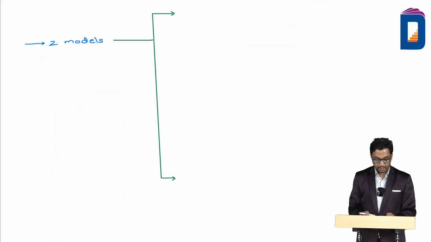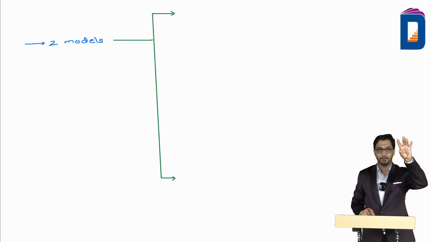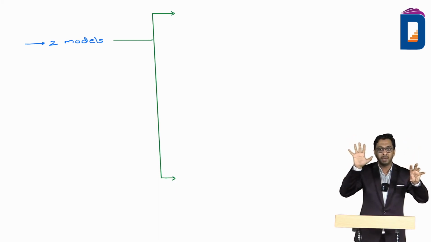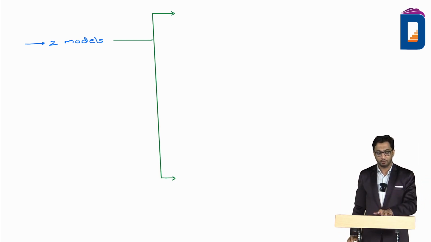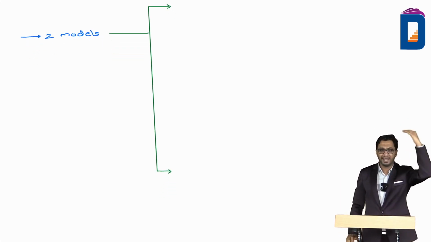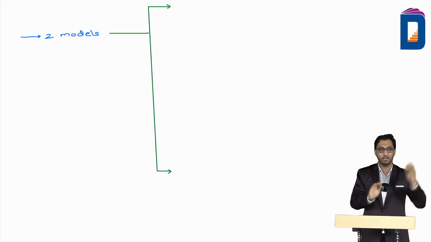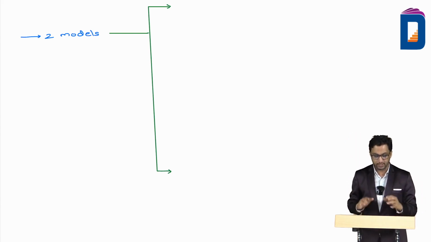And you can see two models in this multifactorial causation. What is one-to-one? One agent, one disease, or one agent, multiple diseases. Now when you come to multifactorial, it is multiple agents, one disease. There are two models for this.